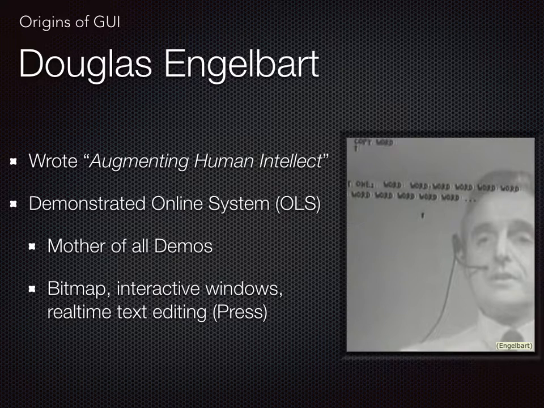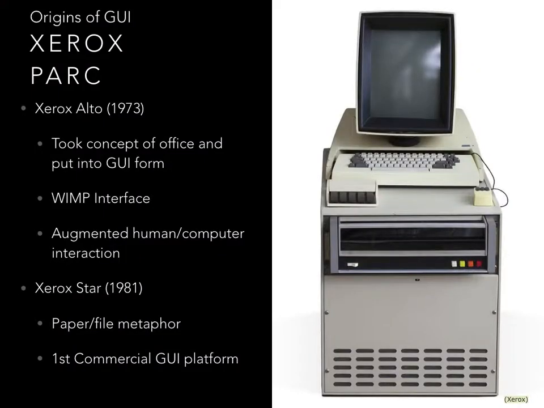Now, while the online system would never be a commercial success, it has been described as the watershed moment that led to further developments in GUI. And one of those standard bearers that took Engelbart's research was Xerox.